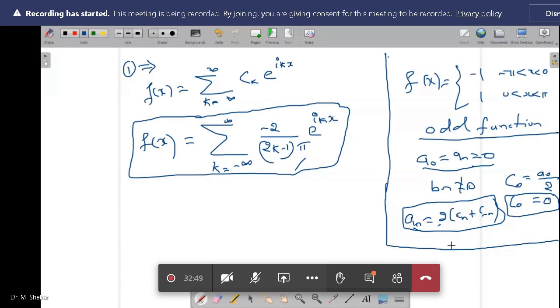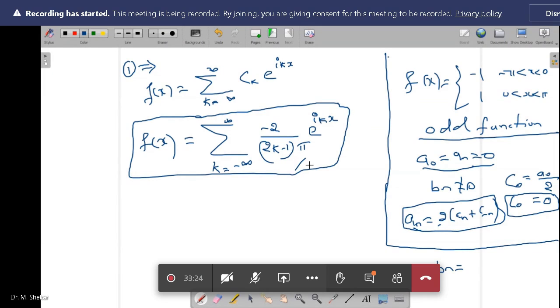So I can validate this complex Fourier series with that real Fourier series. The same problem we solved for the real Fourier series, and we got only the Bn term in that real Fourier series. When you introduce a complex Fourier series, you will get a series like this. Okay. So any doubt in this example? Is that clear?